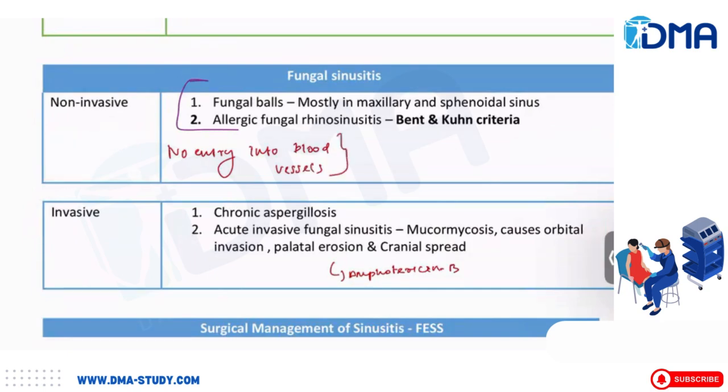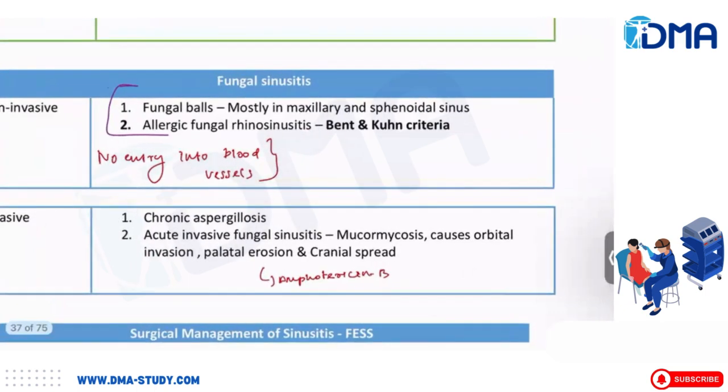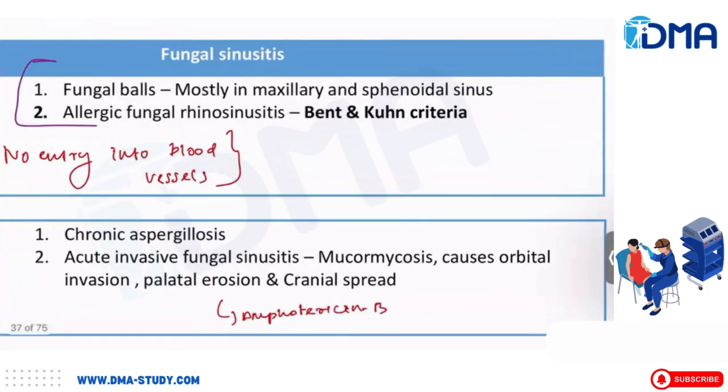Okay. Now let me tell you, fungal balls are nothing but concretions of fungal debris in the maxillary sinus or sphenoidal sinus. Second one, allergic fungal rhinosinusitis. This is diagnosed by Bent and Kuhn criteria. Now, if these two diseases come, you should be doing surgery.